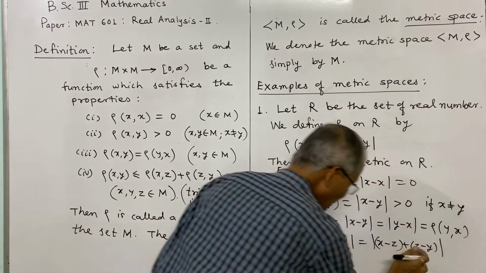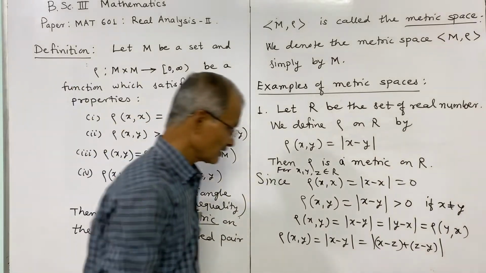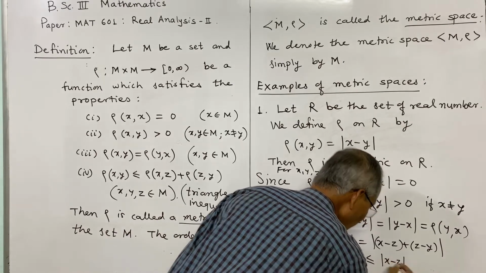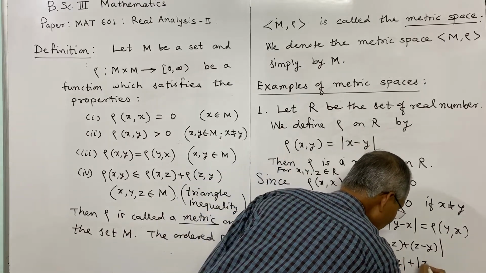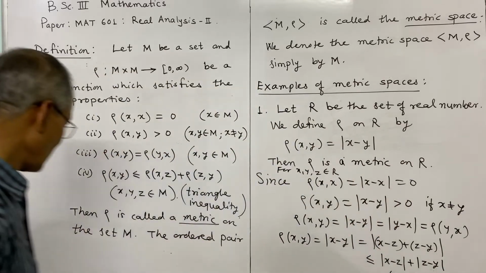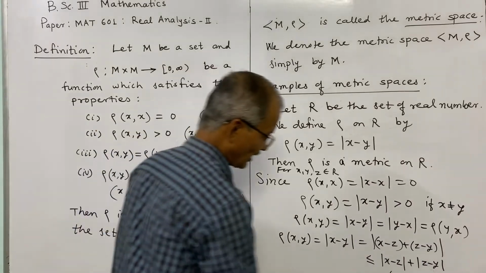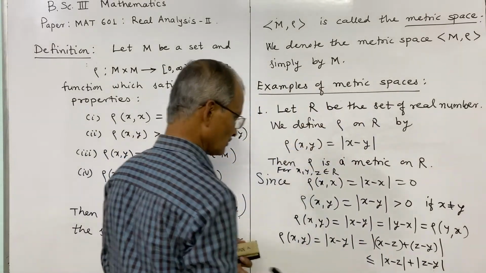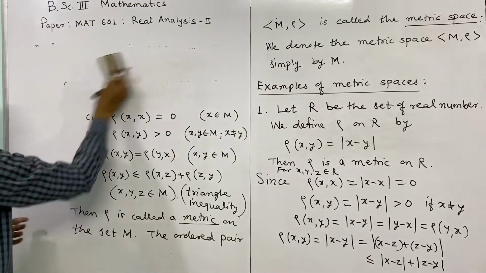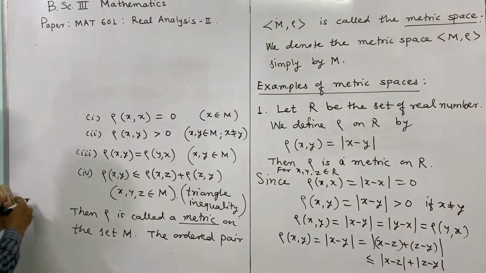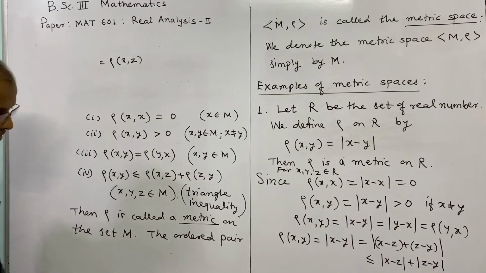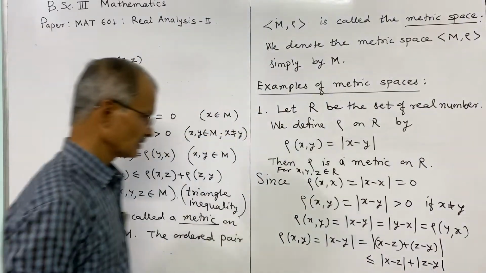We have subtracted and added z, and by the property of the absolute value function, this is less than or equal to the absolute value of x minus z plus the absolute value of z minus y, which is the same as rho of x and z plus rho of z and y.